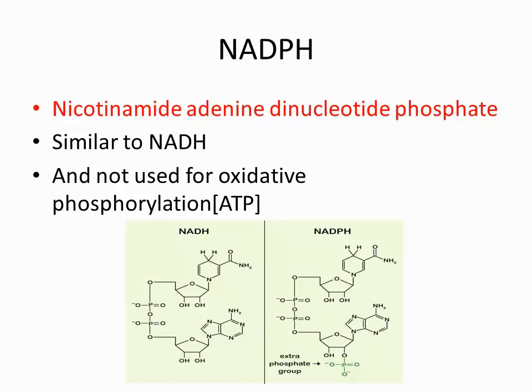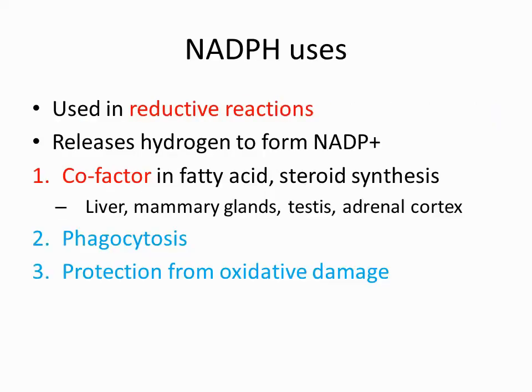So in the beginning of the video, I told you that it will synthesize NADPH. So what is NADPH? NADPH is nicotinamide adenine dinucleotide phosphate, which is similar to NADH that we have seen in my previous videos, and it is not used for oxidative phosphorylation for ATP, which is the electron transport chain. So what are the uses of NADPH in our body?